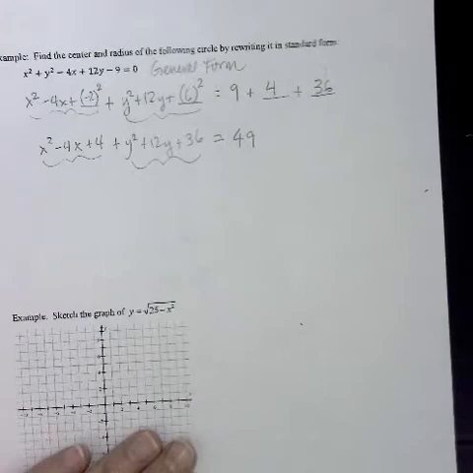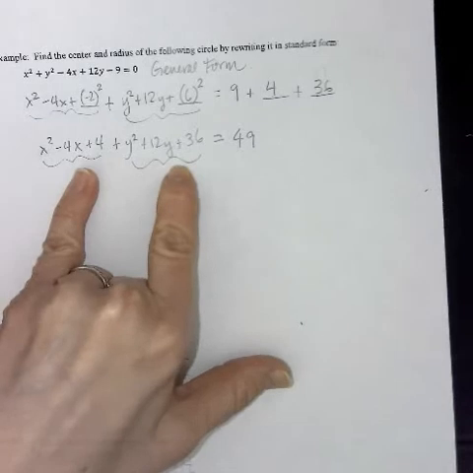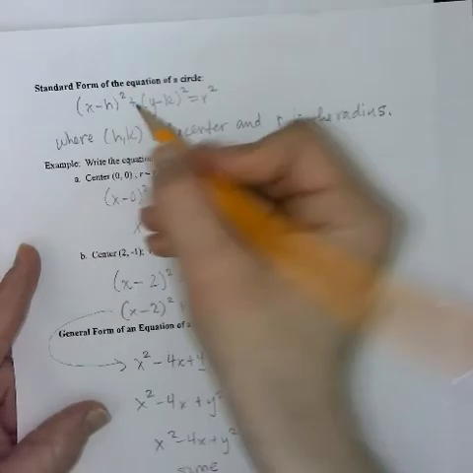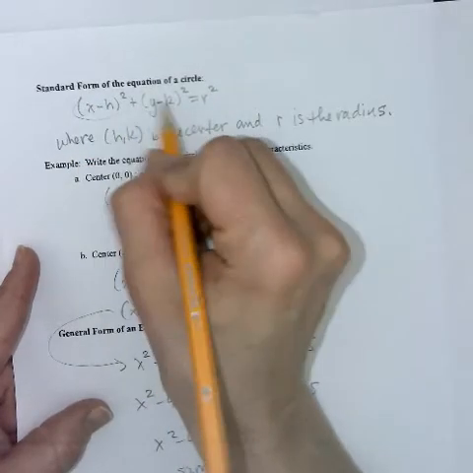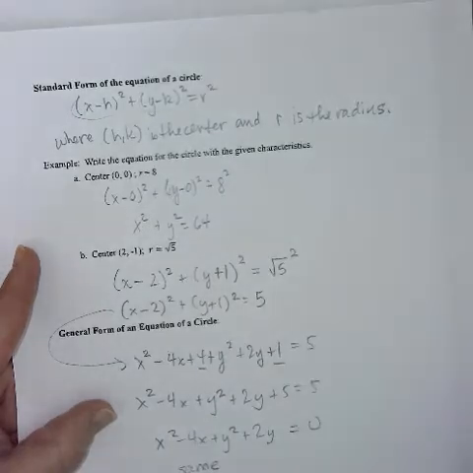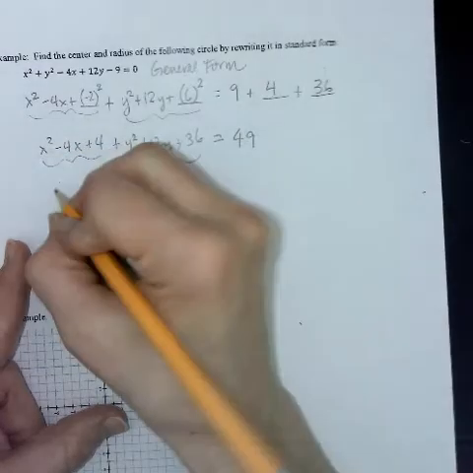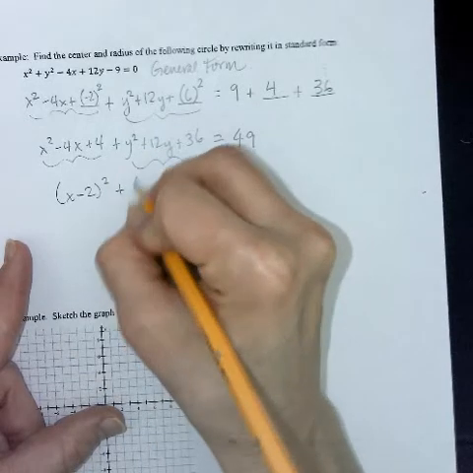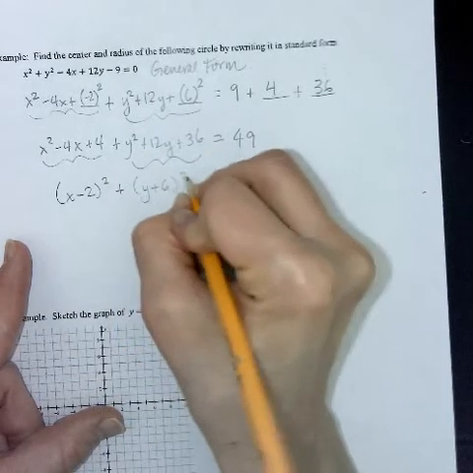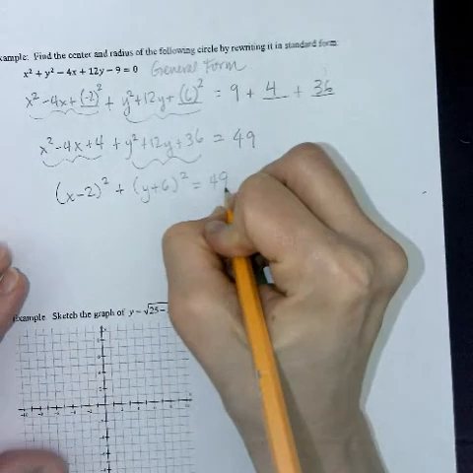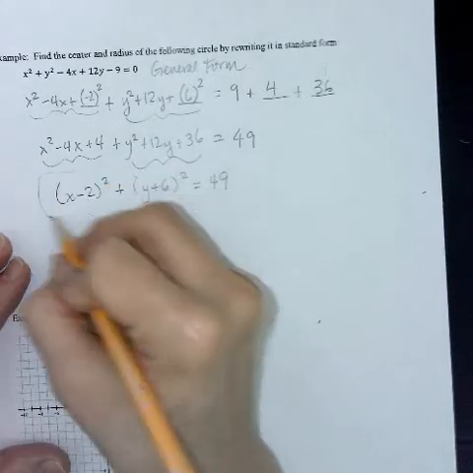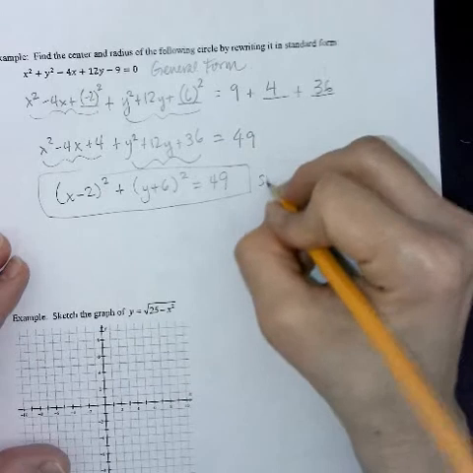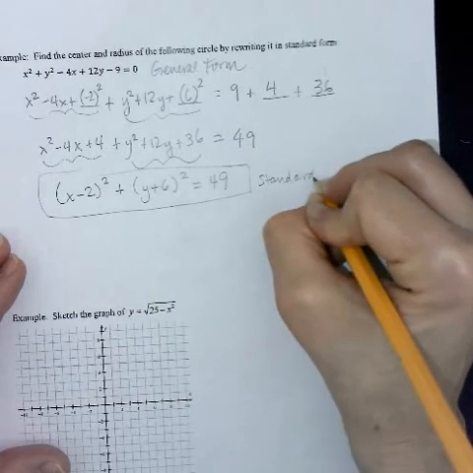Okay, so these perfect squares, that's what's going to make it so that I can get these two perfect squares in the standard form. So the first one is x minus 2 squared, and this one is y plus 6 squared equals 49.